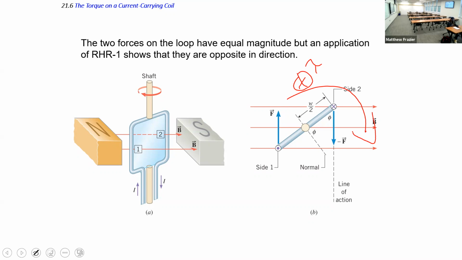So that torque varies because it depends on the angle that your torque is still R F sine phi. So it depends on the angle phi in the problem. So there are times when it's 0, when there is no torque. So that means just a single coil of wire will just kind of oscillate.